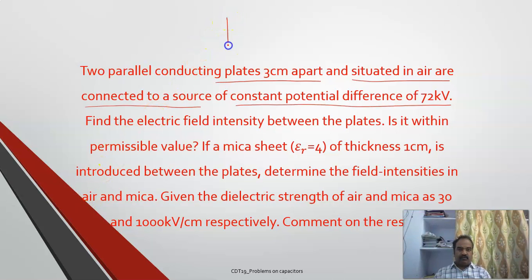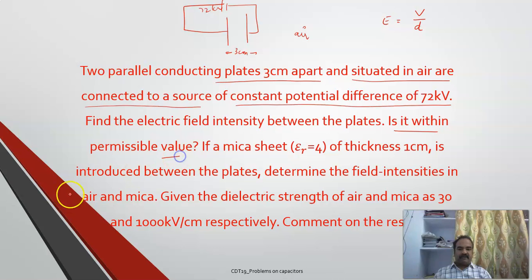Okay, two plates 3 cm apart and situated in an air dielectric medium are connected to a source of how much voltage? 72 kV. Find the electric field intensity between the plates. So he wants the electric field intensity, which is given by E is equal to V by t. You can easily calculate, right? Is it within the permissible value?